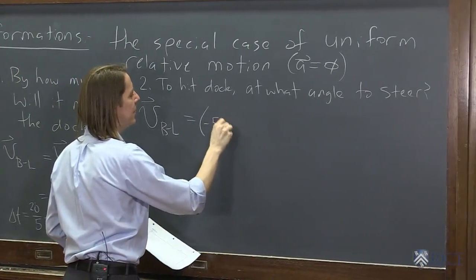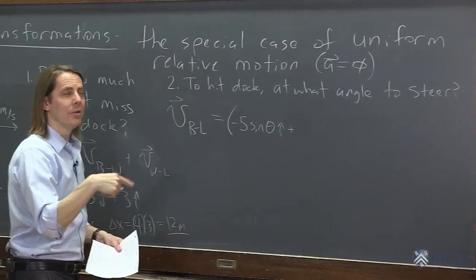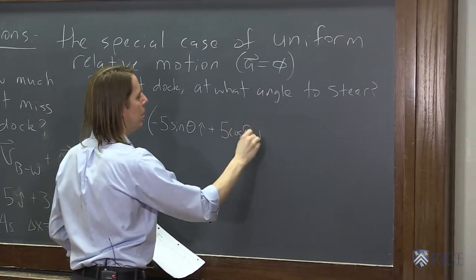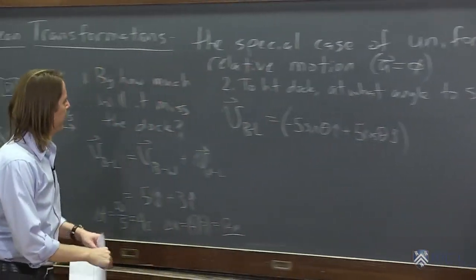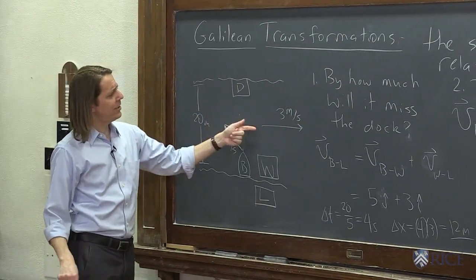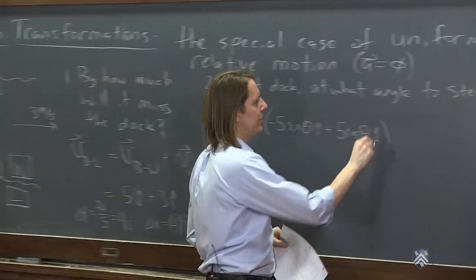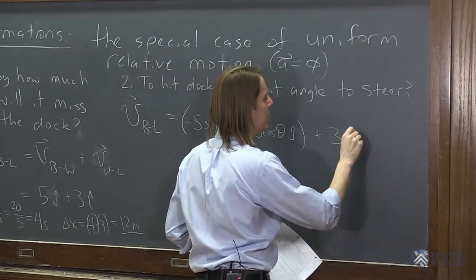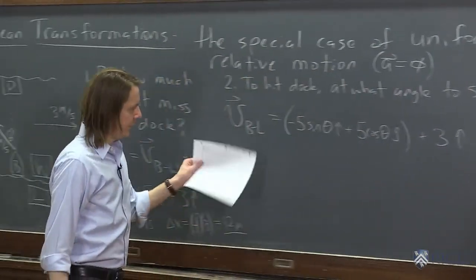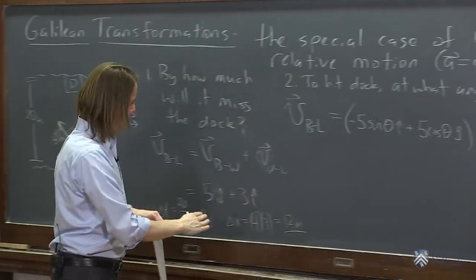Minus 5 sine theta I hat, plus 5 cosine theta j hat. And now the velocity of the water relative to the land is just 3 meters per second in the x direction. So plus 3 I hat. There it is. So here are your I hat components, and here's your j hat component of what the boat is doing.